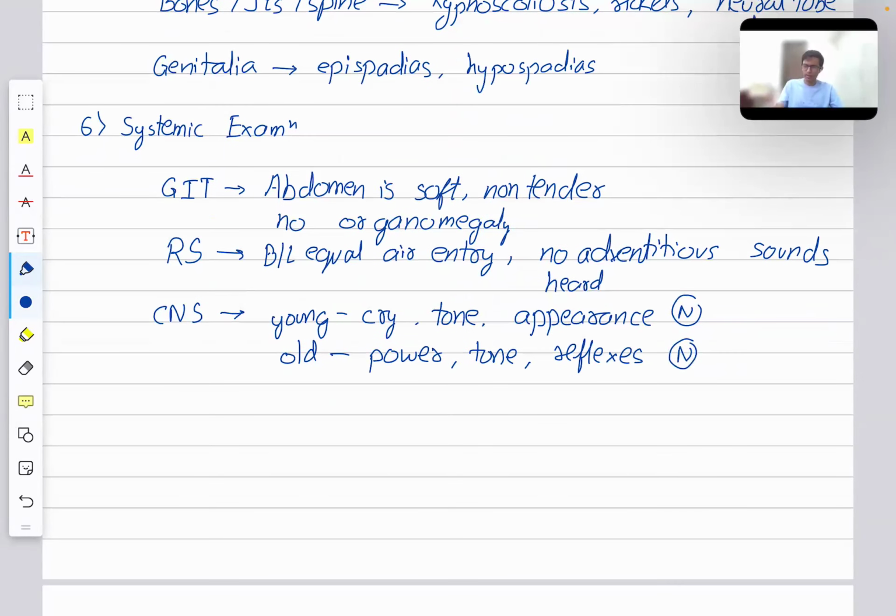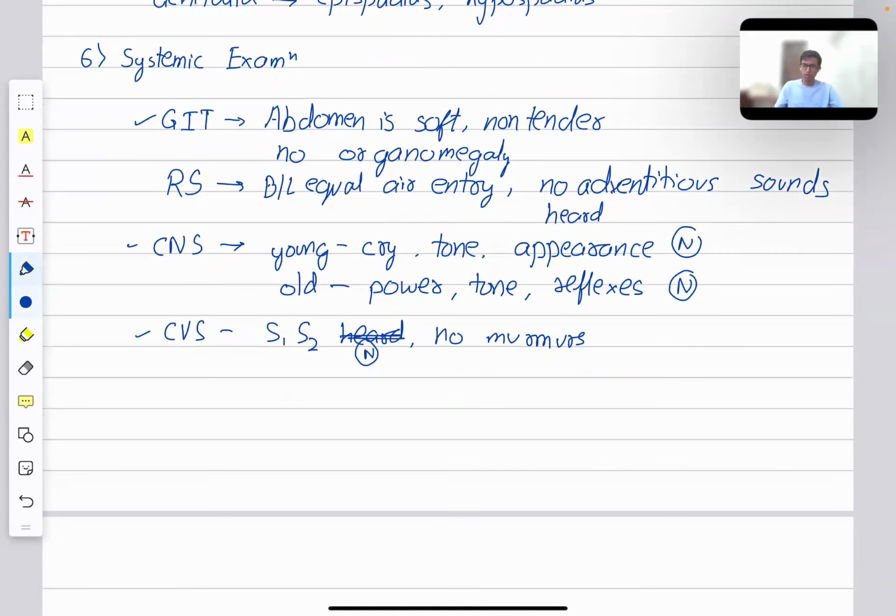And if it is an RS case, then the other three systems would be GIT, CNS, and CVS. So just mention S1, S2 heard, no murmurs. Just say S1, S2 normal, no murmurs.